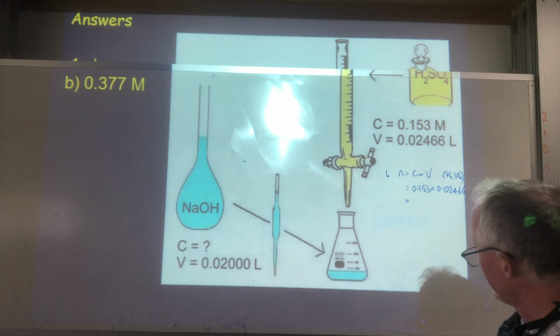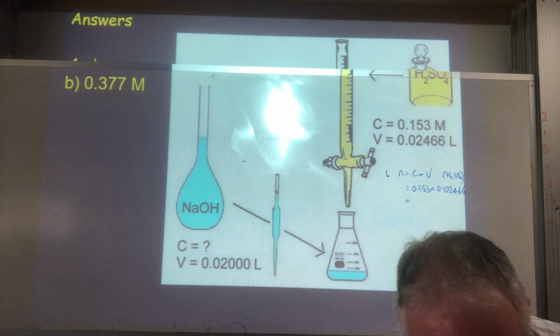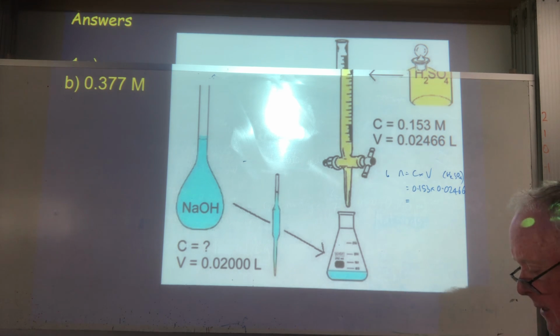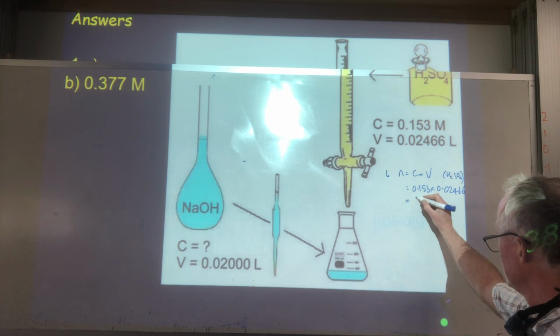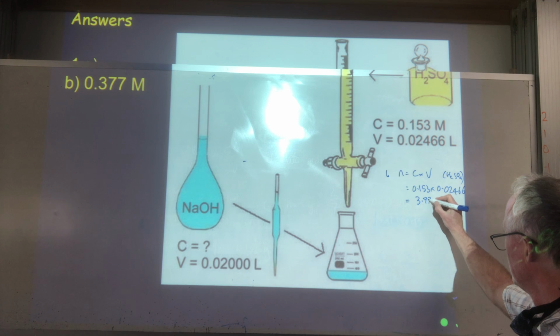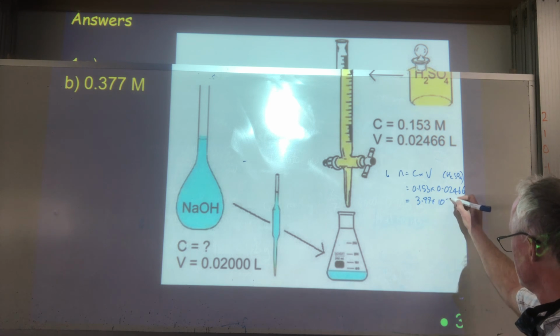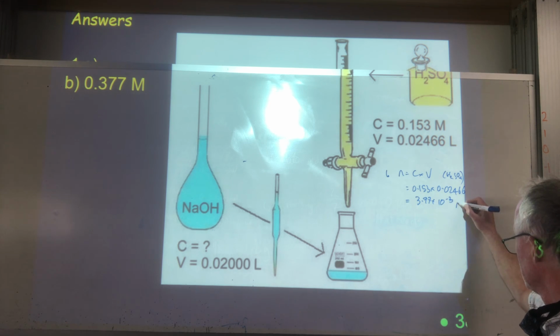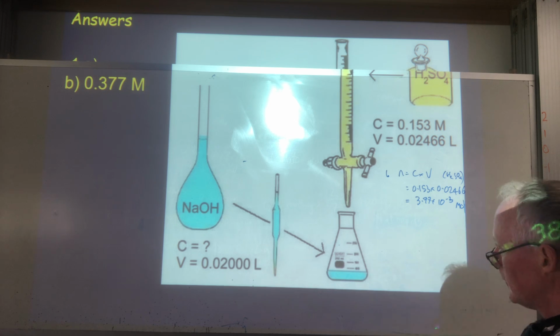To get the calculator out here, 0.153 times 0.02466 equals 3.77 times 10 to the minus 3 moles.